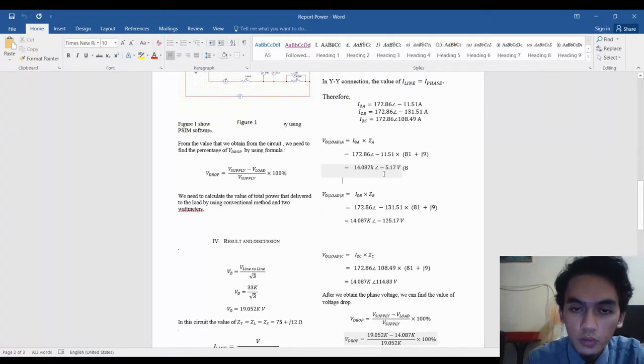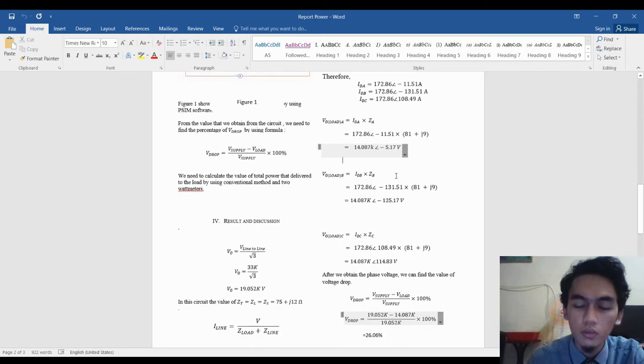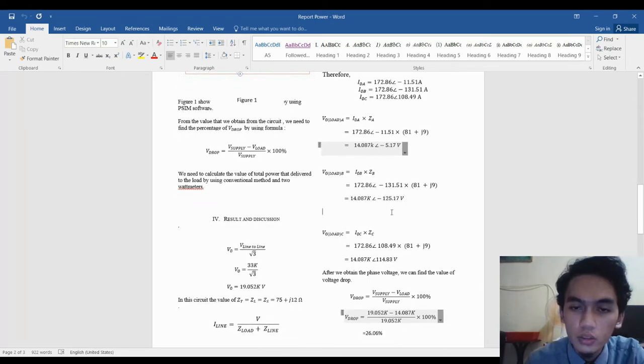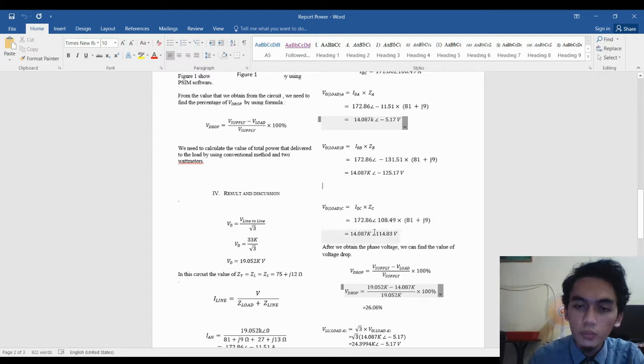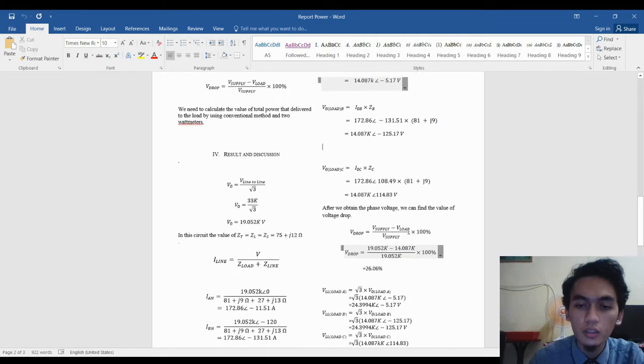Next, we find the V phase A, which is 14.087 kilovolt with an angle of negative 5.17 degrees. Voltage phase B is 14.087 kilovolt with an angle of negative 125.17 degrees. And lastly, voltage phase load C is 14.087 kilovolt with an angle of 114.83.